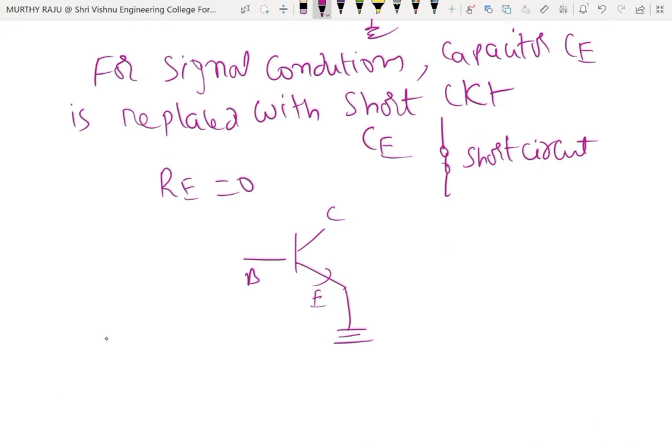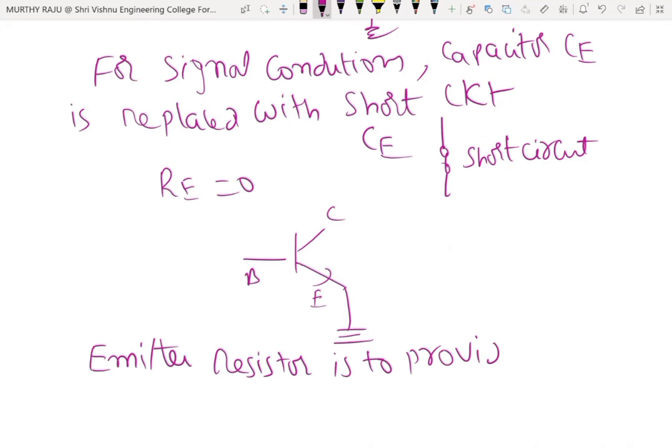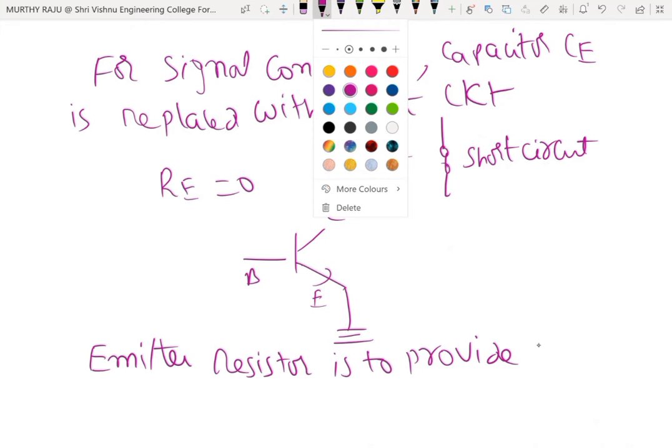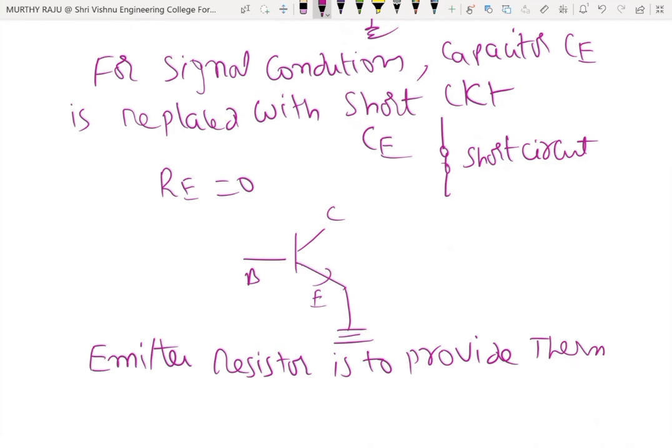One more important point here: the emitter resistor is to provide thermal stability for the transistor.